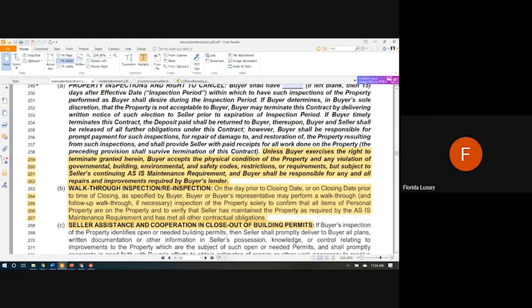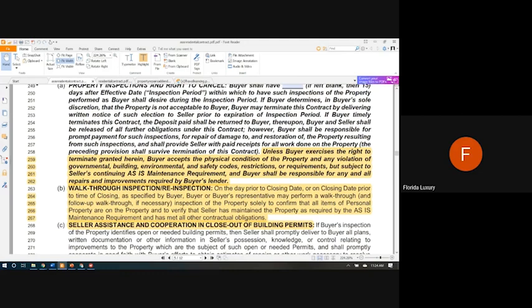So what does this really say? On an as-is contract, we can ask the seller to make repairs. The seller doesn't have to. The buyer is moving forward on an as-is contract. If we get through the inspection period and the buyer doesn't cancel because the seller's not willing to make repairs, then the buyer is technically obligated to make any repairs required by their lender.